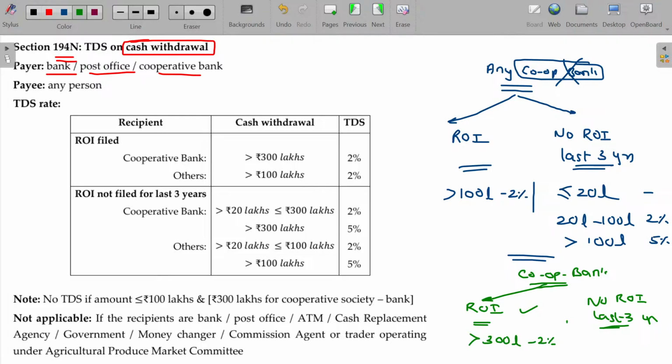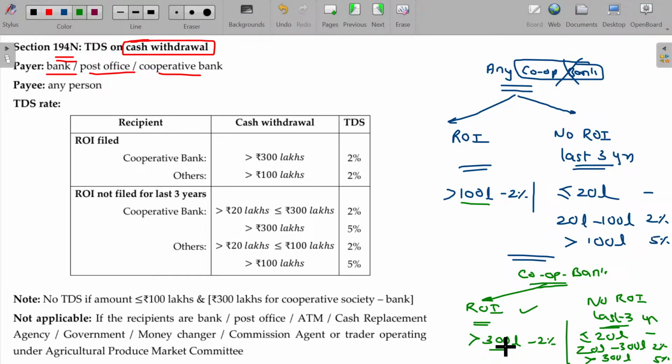Only then 2% will be applicable. The same like less than or equal to 20 lakhs, nothing. 20 lakhs to 300 lakhs, 2%. More than 300 lakhs, 5%. See the small difference. 100 becomes 300. That's all. Rest of the things are the same in case of cooperative society.